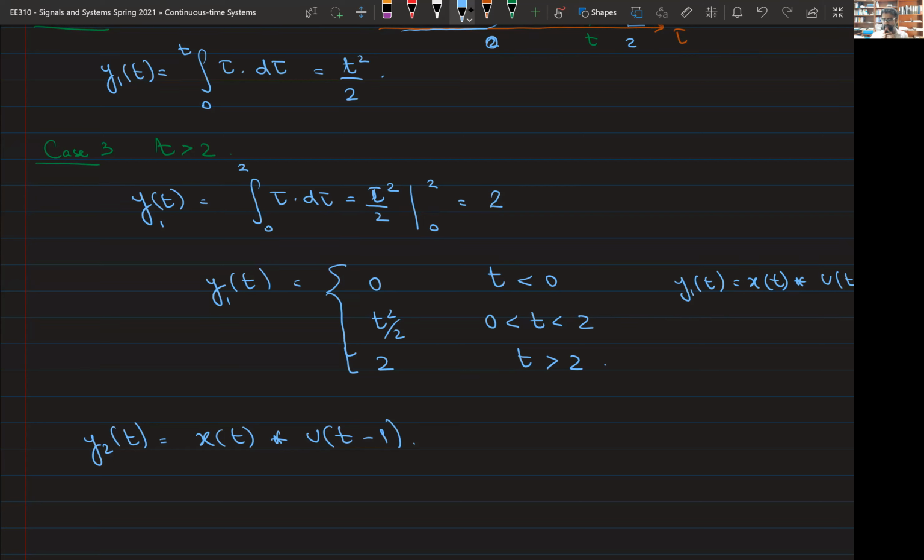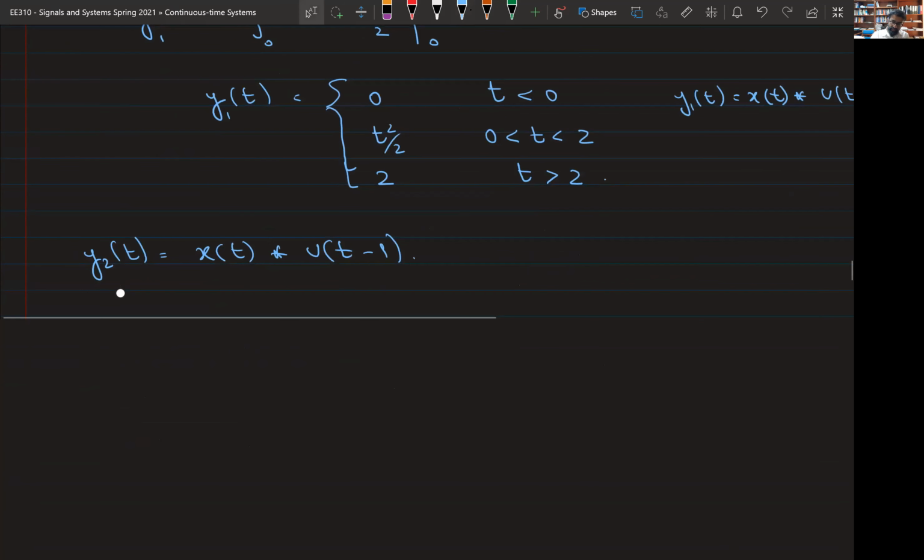You're almost there, but can you try to utilize some properties that we've done? Right? You see, y1 is what you get if u of t was the input to an LTI system.